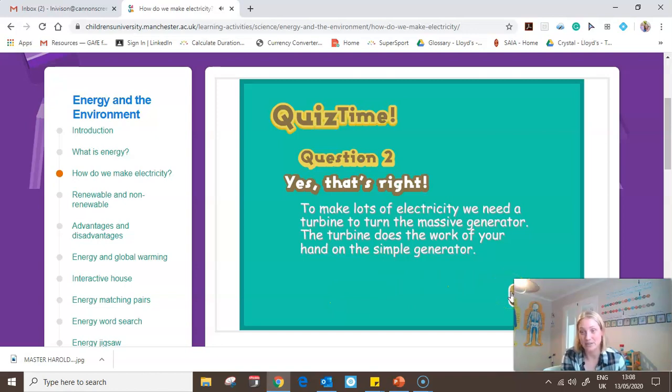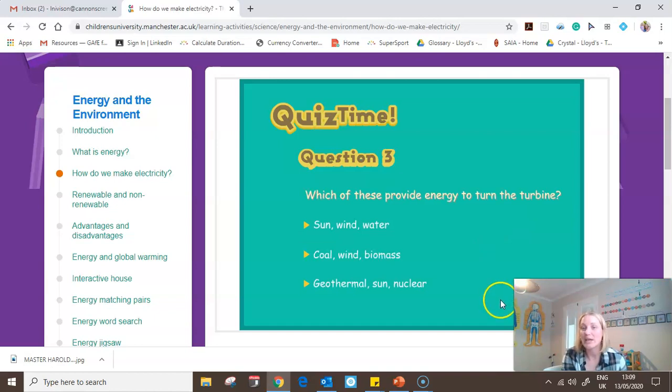Obviously, except if you're using solar power, that doesn't have a turbine. Which of these provide energy to turn the turbine? Sun, wind, water, coal, wind, biomass, geothermal, sun, nuclear. Well, I'm telling you now it's got to be B, because the sun, remember, solar power does not turn a turbine.